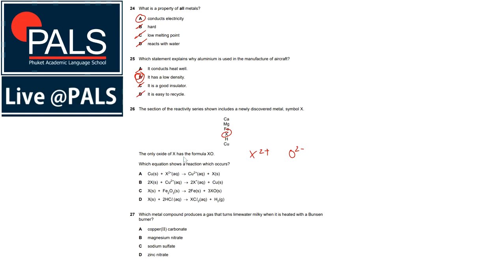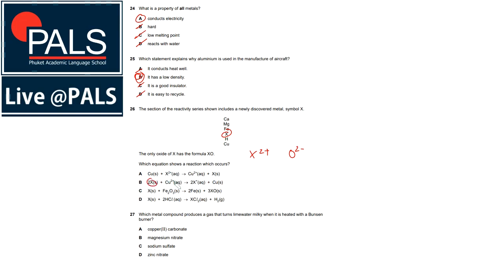So it is above copper in the reactivity series. So that means copper will not react with it, because the ionic state is the more stable state. That's where the atoms want to be. So copper is less reactive, therefore it cannot give electrons to our metal.